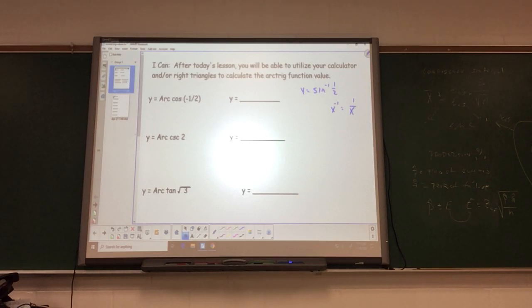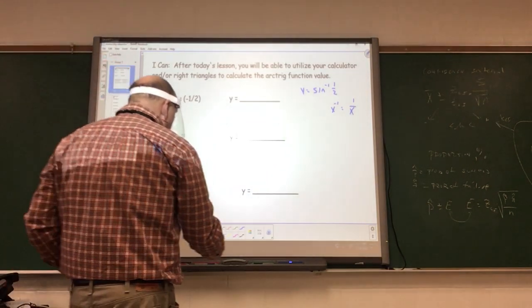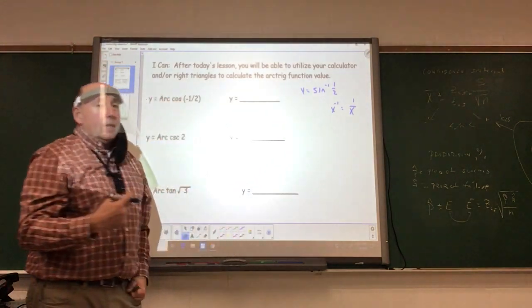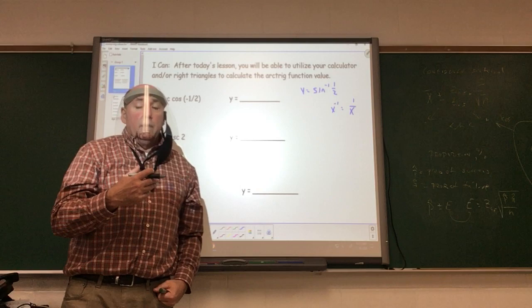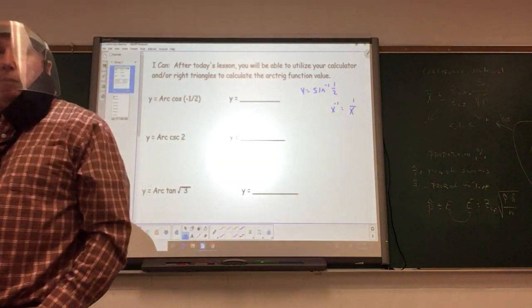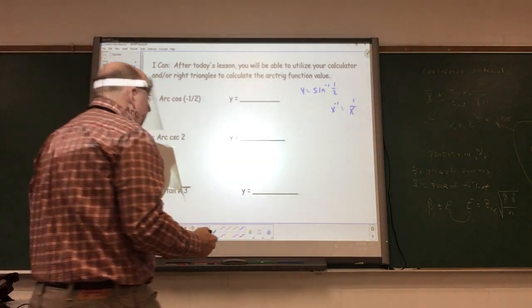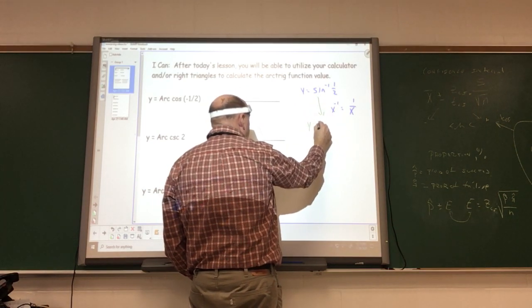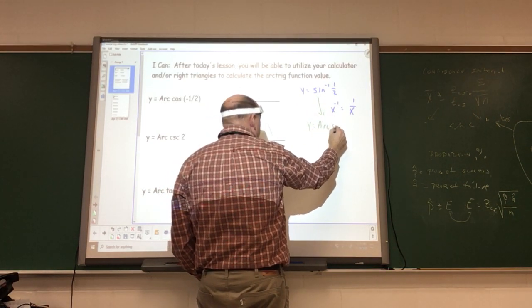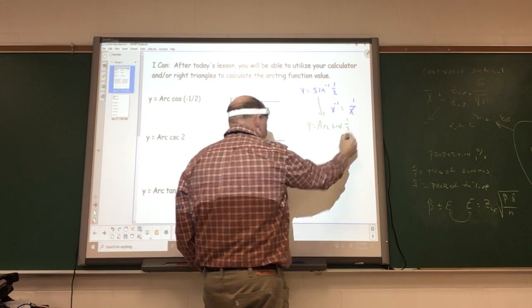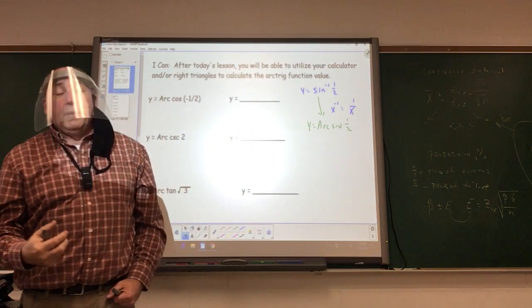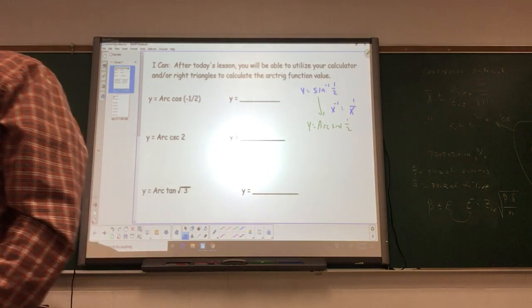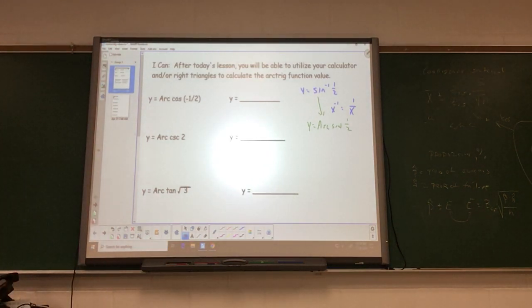When we have this dual meaning, what has been created is a different way of writing the inverse trig function, and that is the utilization of what is called the arc sine of 1/2. When I'm dealing with the inverse sine, this can also be written as the arc sine of 1/2.